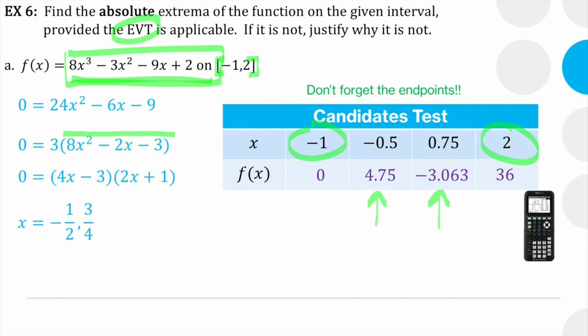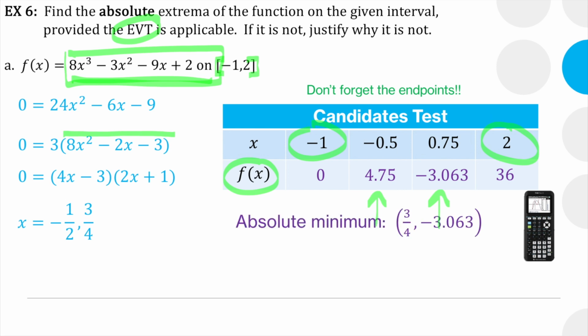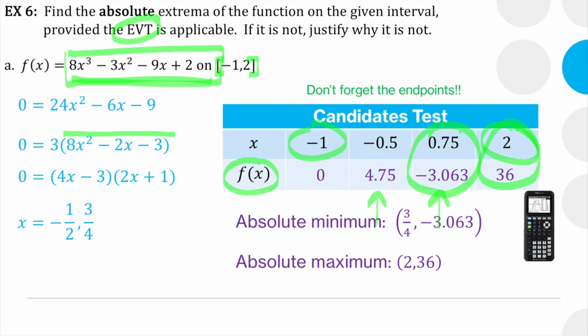Final step then is to compare all of my f of x or y values to see where the absolute minimum and the absolute maximum would be. So the absolute minimum is right here, -3.063, and the absolute maximum is at 2, which is 36.